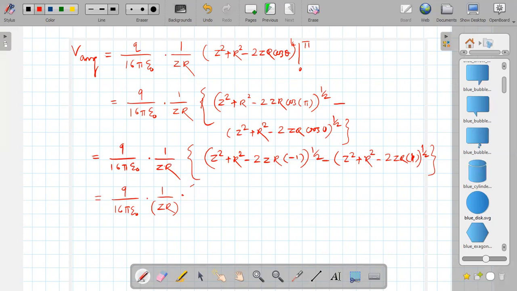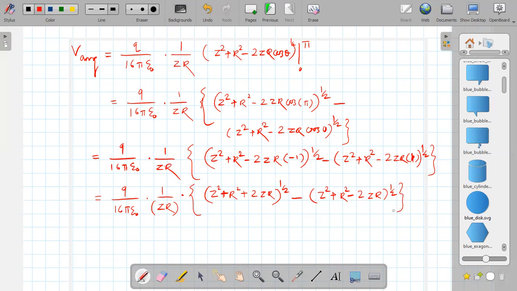into this can be written as z square plus r square plus 2zr raised to half minus z square plus r square minus 2zr raised to half. Okay, like this.